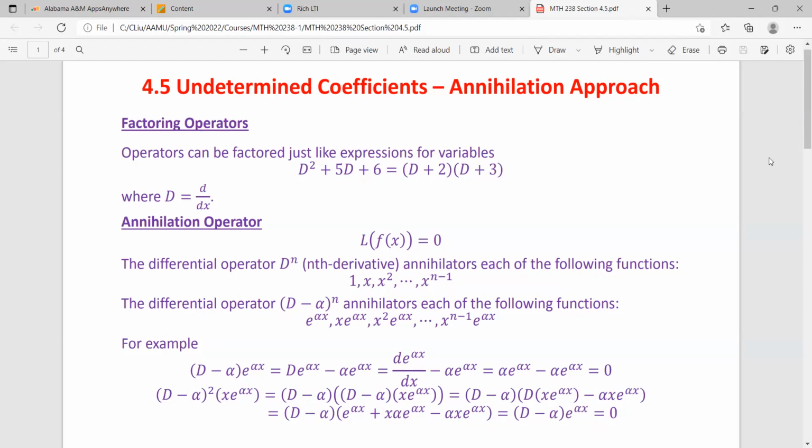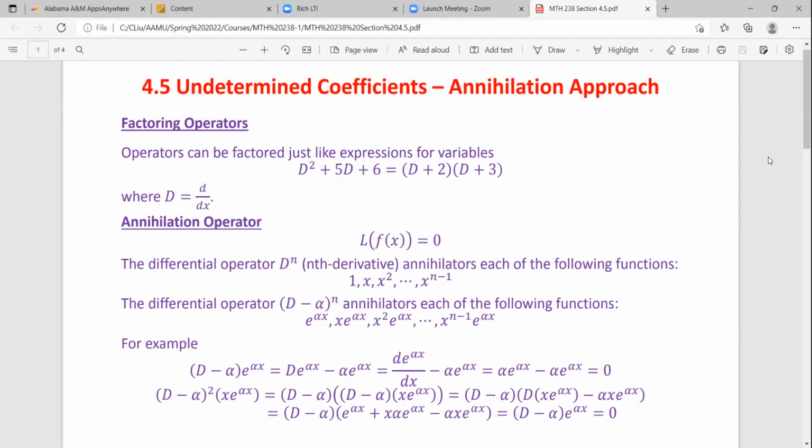And what it means is when you apply this operator expression to a function, you apply D plus 3 first and then D plus 2. So you take the first derivative of the function plus 3 times the function.